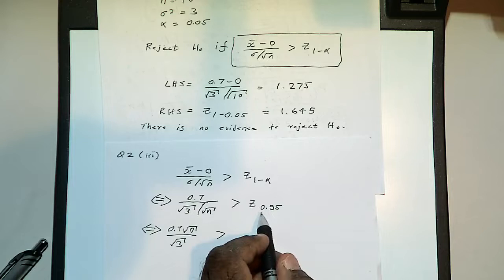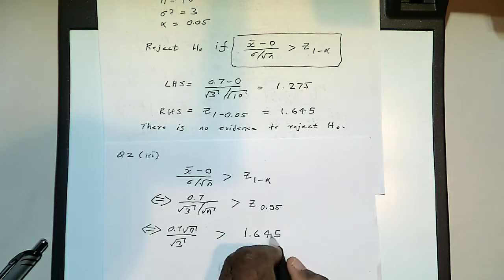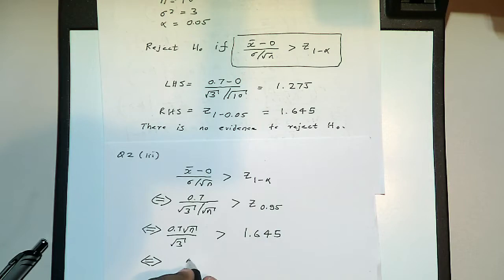If you read this off the table, this is 1.645, right? So this is the same as saying that root of n is greater than root 3 divided by 0.7 times 1.645, right?